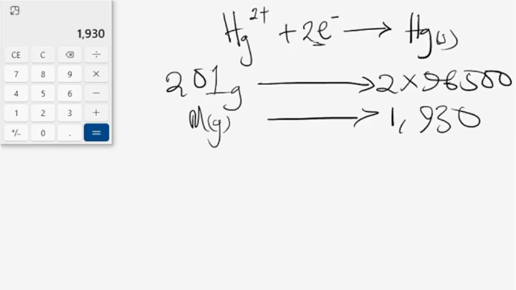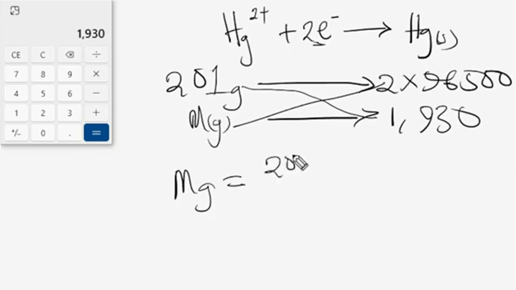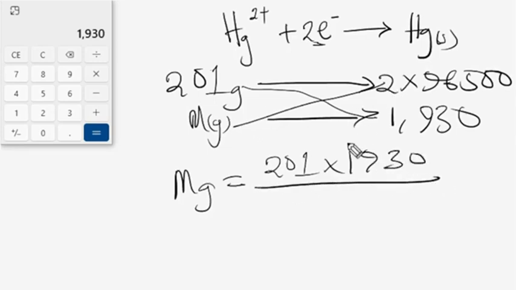So, and then to get the mass, we're going to cross this out. So let's say mass will be, so this times this, 201 times 1,930 over this, that's 2 times 96,500.